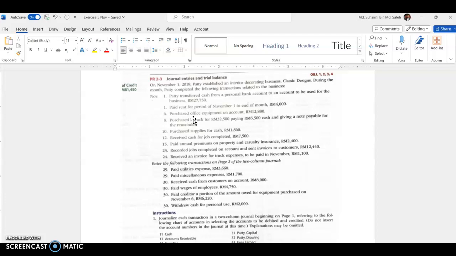The accounts involved are office equipment, debit office equipment 12,880, and we will have to credit accounts payable 12,880.